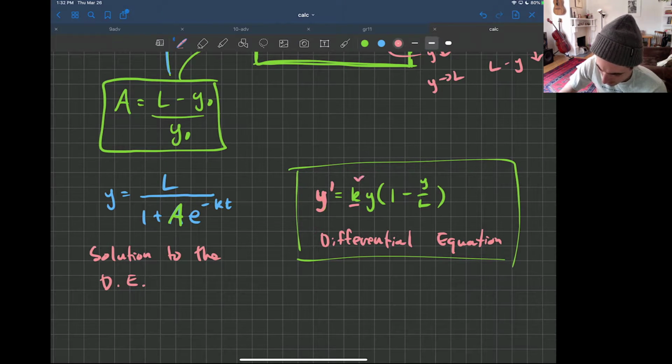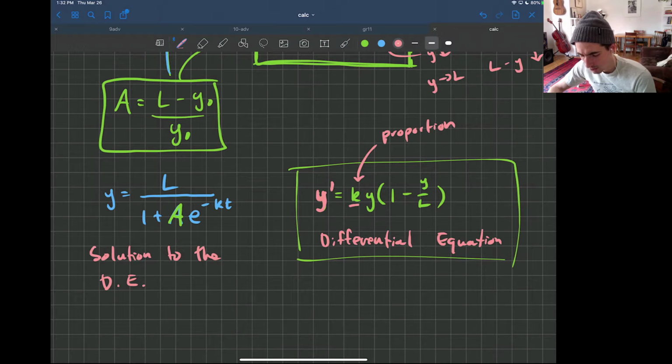This k right here is our proportion. The rate of change is going to be proportional to the population that we have. So the bigger the population, the faster our population will grow, and that k is like an adjustment.